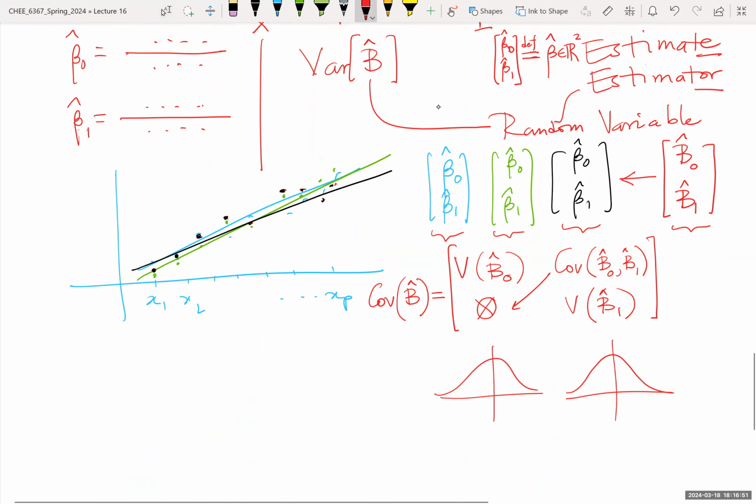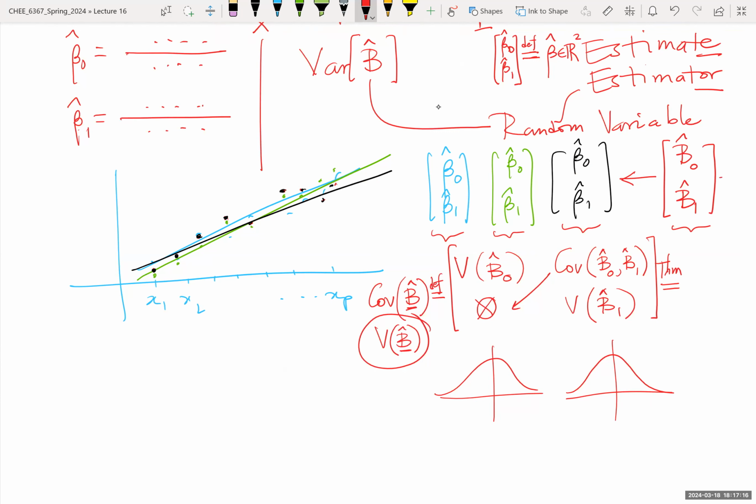And so this is a definition, and this is a theorem now. There is a theorem that says the covariance matrix, that's equation 28 in the notes. The variance, or sometimes, as I said, it's called just the variance of beta hat, because this is understood as a vector random variable.